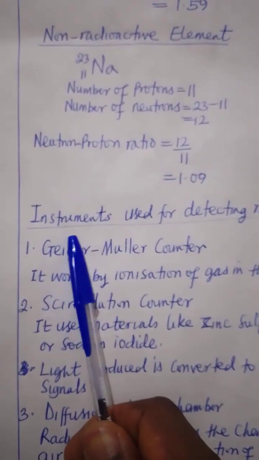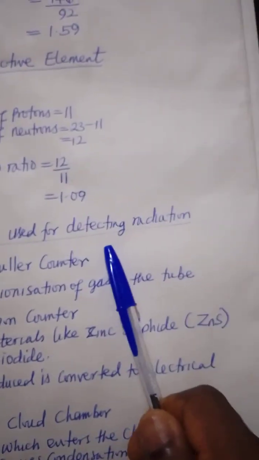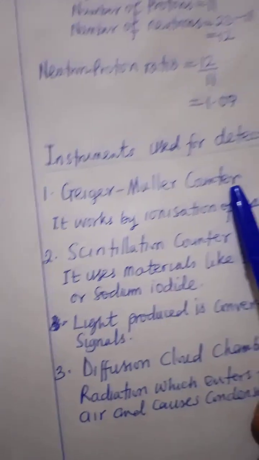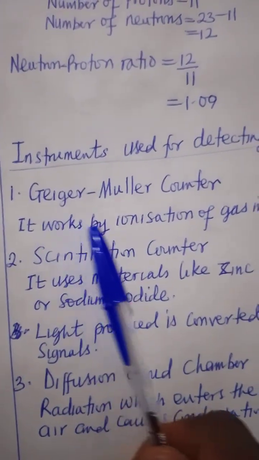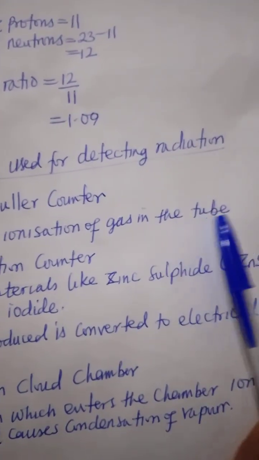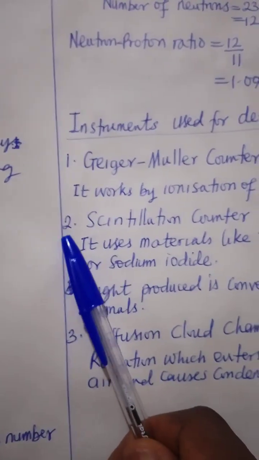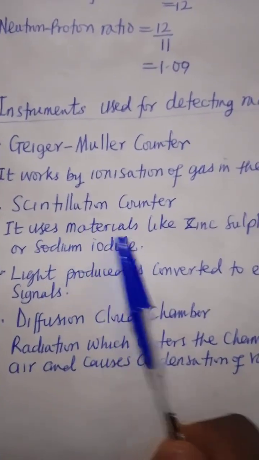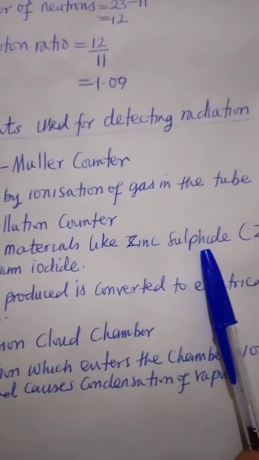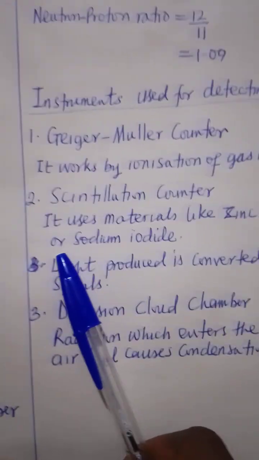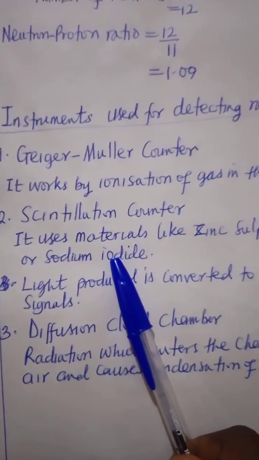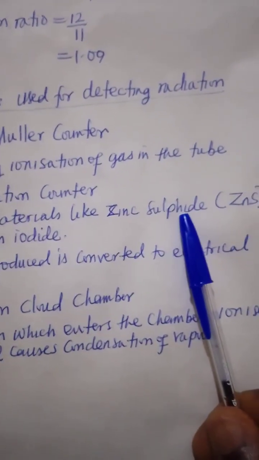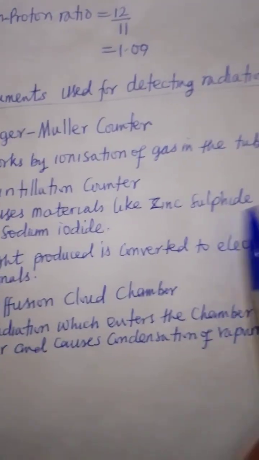This will take us to instruments used for detecting radiation. The first instrument is the Geiger-Müller counter. This works by ionization of gases in the tube. Number 2 is the scintillation counter. It uses materials like zinc sulfide or sodium iodide to detect light, which is then converted to electrical impulses or signals.